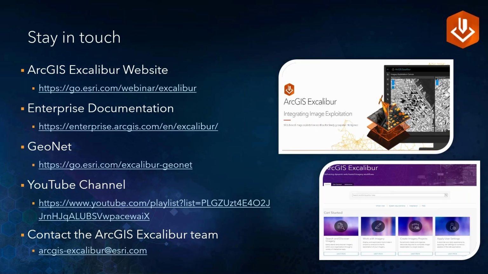The organization themselves or the individual need to have the appropriate permissions and access to that imagery or the image services. Now from there, if they do have access to it, they can register those services to the image server, and then begin using Excalibur for the exploitation.